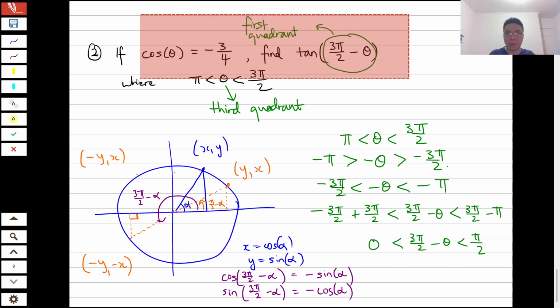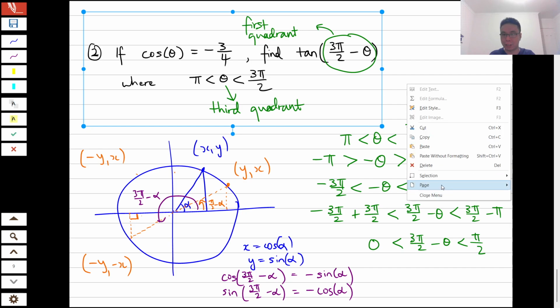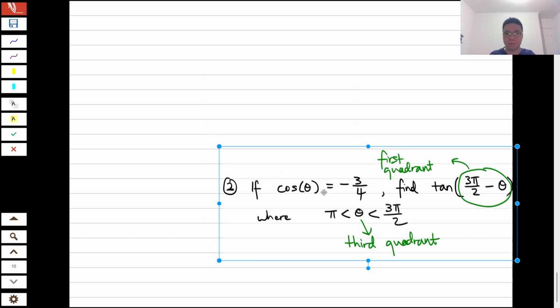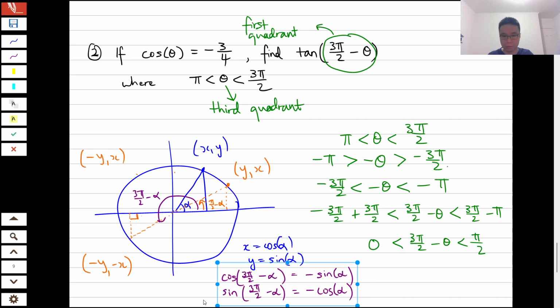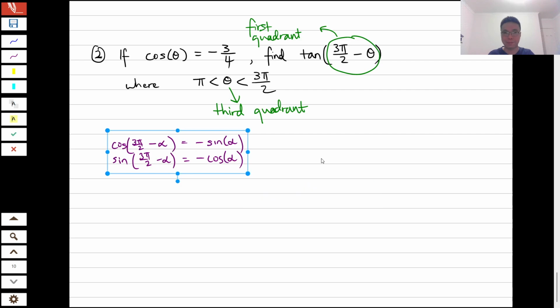Okay, so I'm going to copy the question again, and these two formulas, and create a new page. Alright, so here we go.